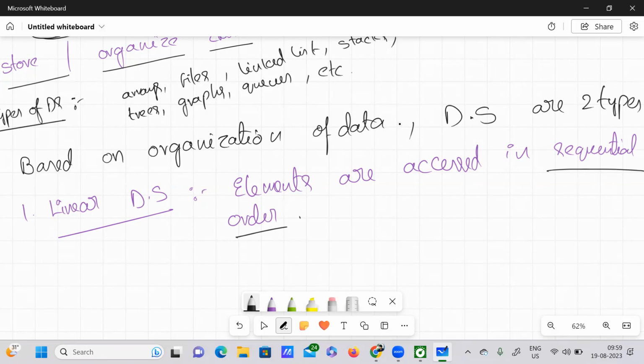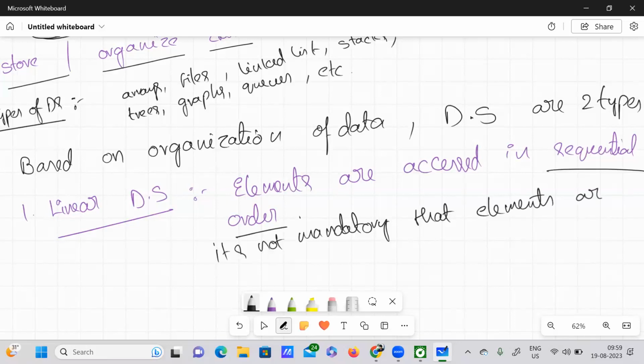This is the mandatory thing, but it is not mandatory that elements are stored in a sequence.